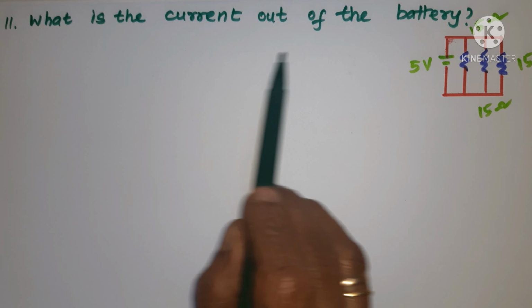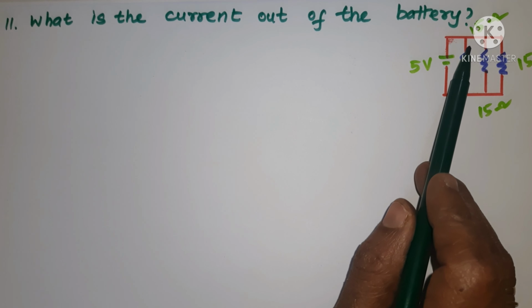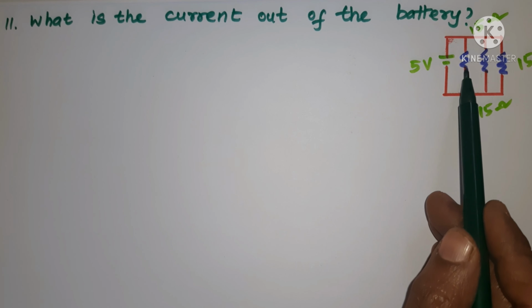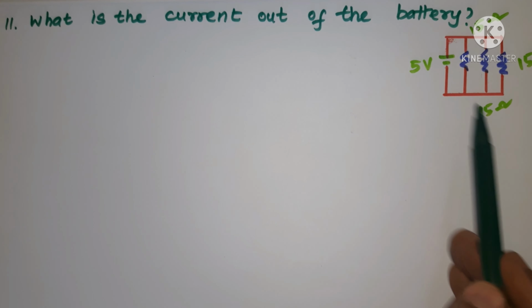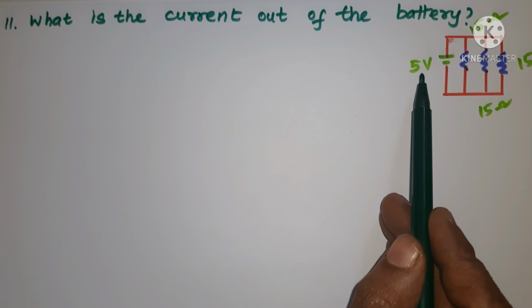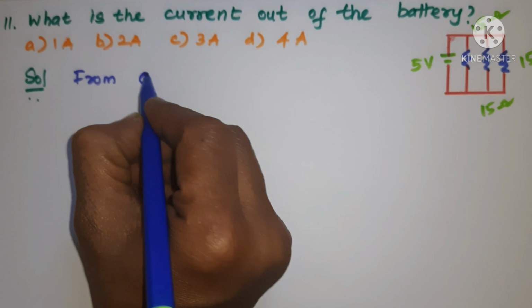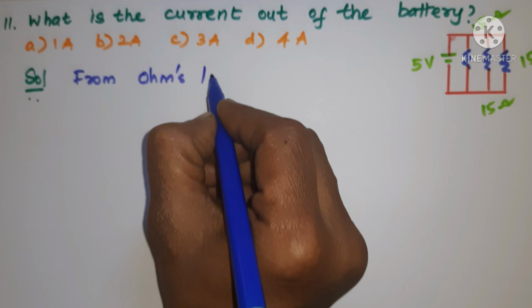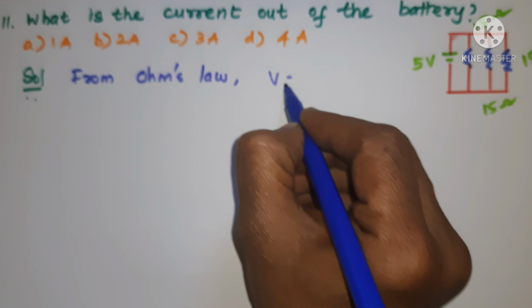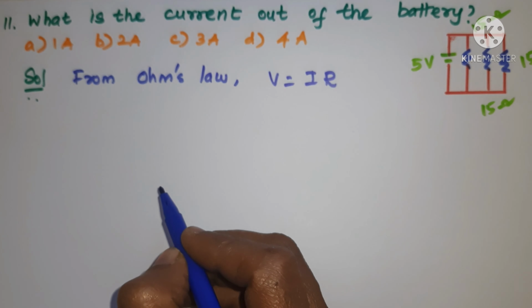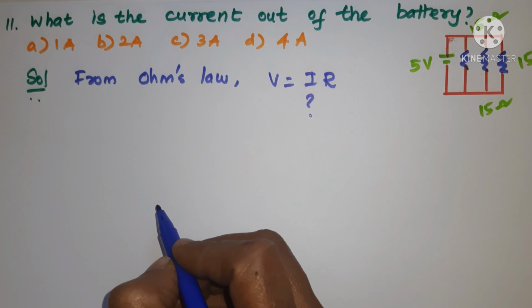Next one, what is the current out of the battery? The circuit is given to be that resistors to be 15 ohms and this is to be 5 volt. The solution is, from Ohm's law we have V is equal to IR. Current is to be found.